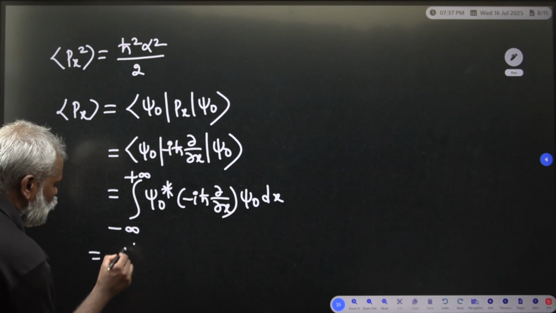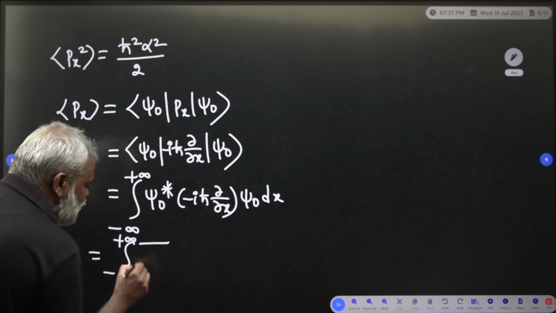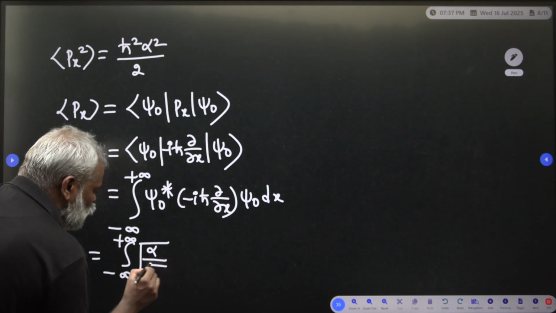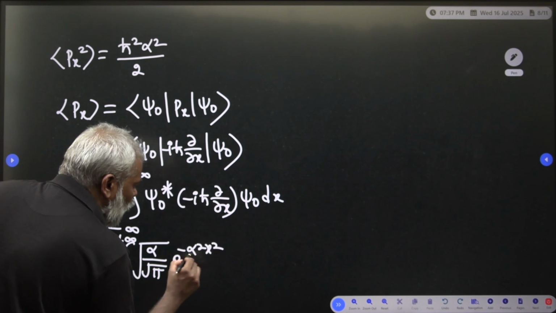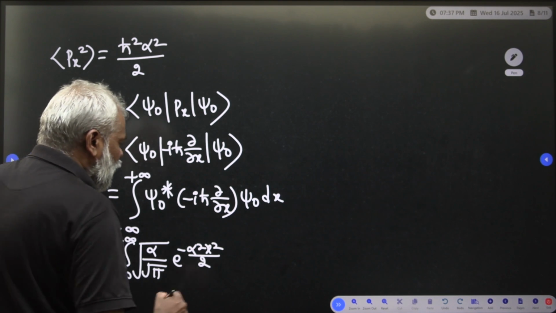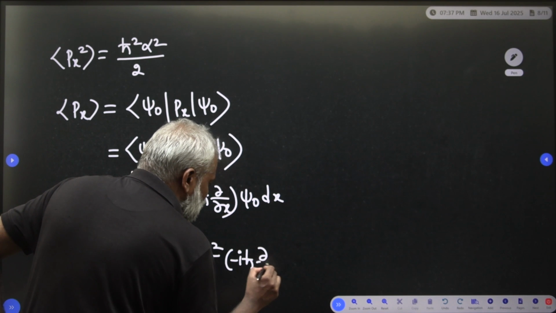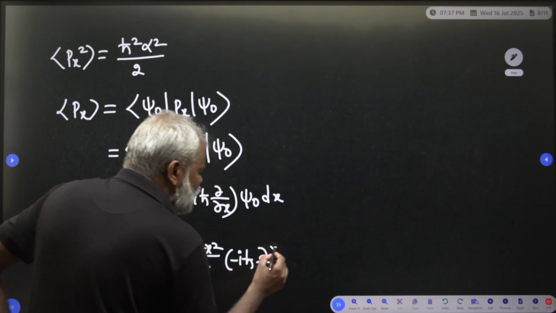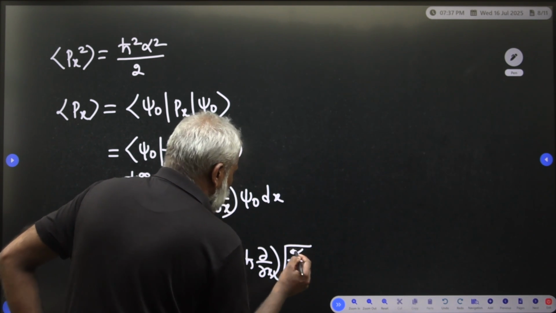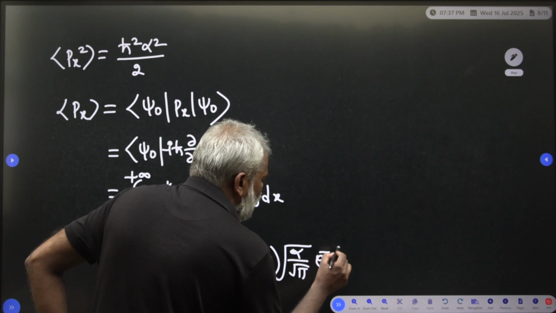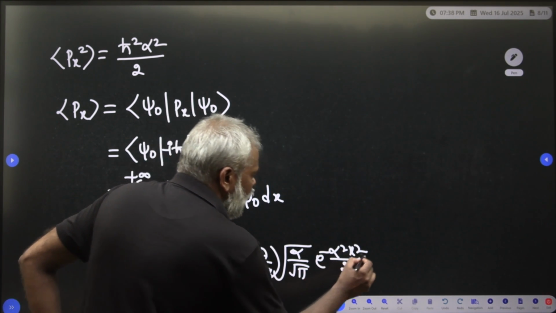So, therefore, we take the integral from minus infinity to plus infinity of psi 0 conjugate, which is root alpha divided by root pi, e to the power of minus alpha square x square divided by 2, into minus i h cut del by del x of root alpha by root pi, e to the power of minus alpha square x square divided by 2, into dx.